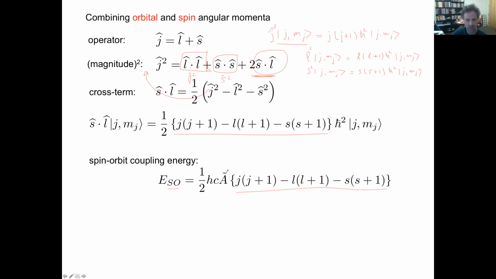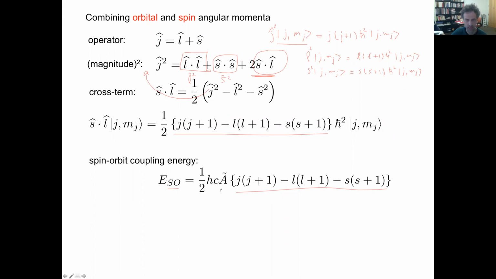And A with this little tilde on top is a constant that we will specify in the lecture on Wednesday. We'll write exactly what that is all about. But this A here is related to which atom you are talking about. So it's different for a hydrogen atom, different for helium, different for lithium, different for every single atom. It depends on a couple of ingredients.